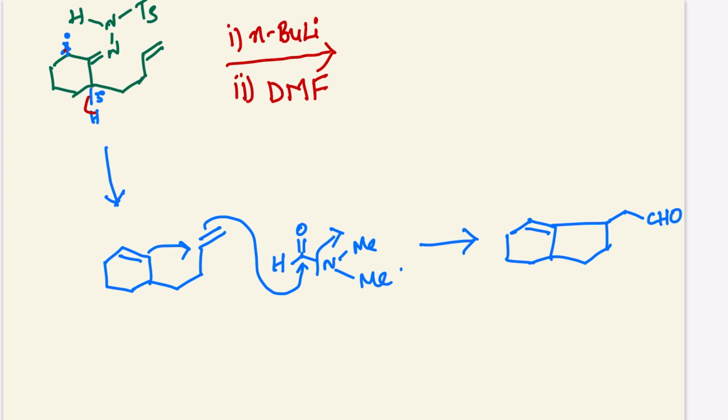Since this is the more substituted one, butyl lithium will abstract this hydrogen and we get a double bond over here. This will attack on the DMF, and we get this as the product. From the DMF we get the formyl group.